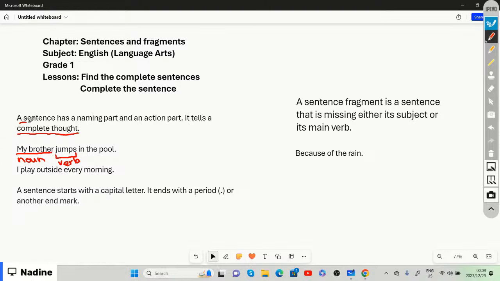So a sentence has a naming part, which we said is a noun, and it has an action part, which is a verb. And once it has both, it tells a complete thought. So it's a complete sentence.